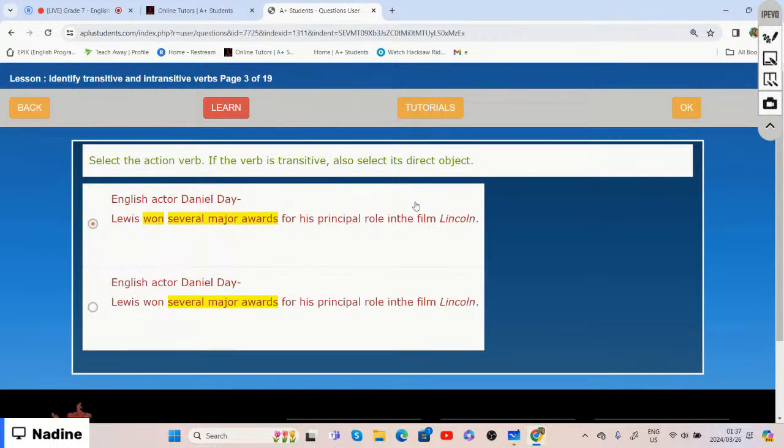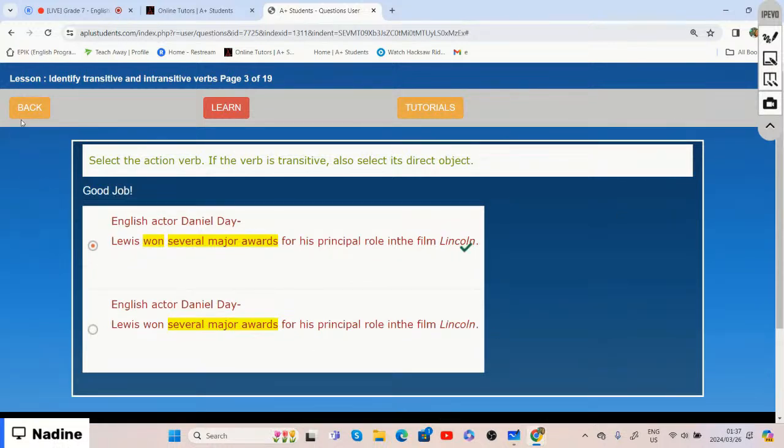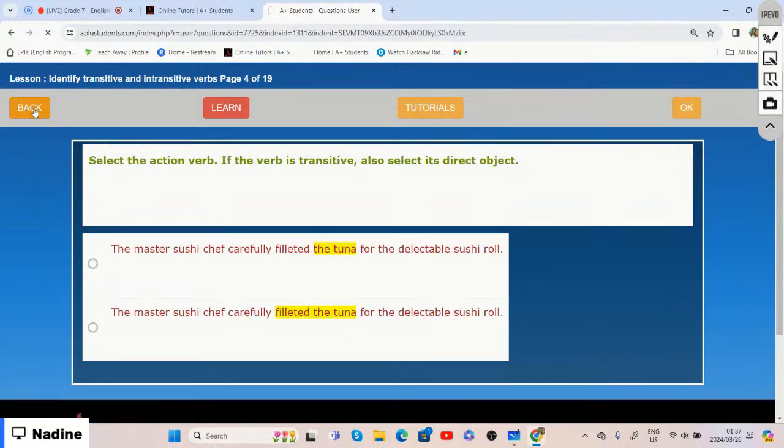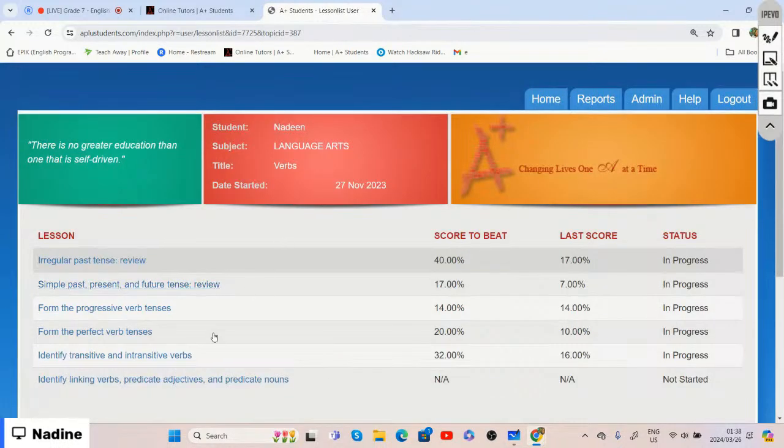All right, so we will go with won several major awards because that is basically our action verb. So we've identified our action verb over there.